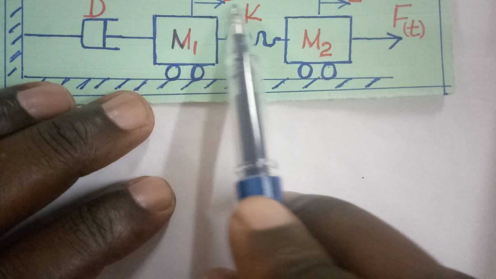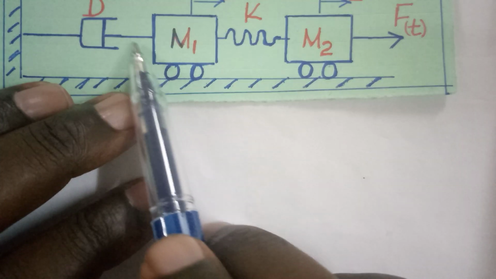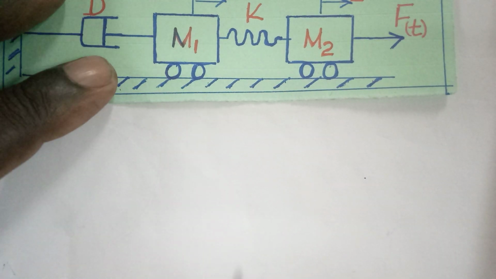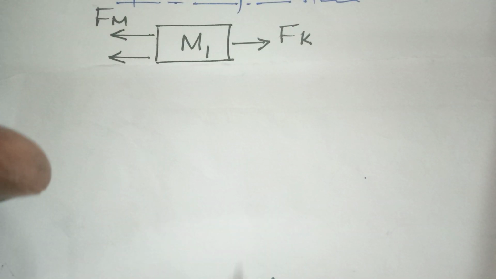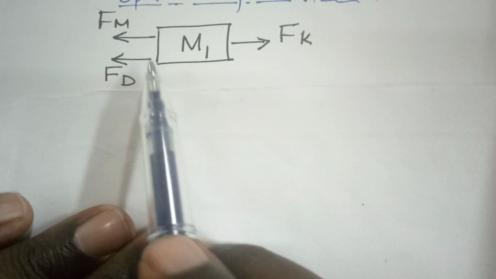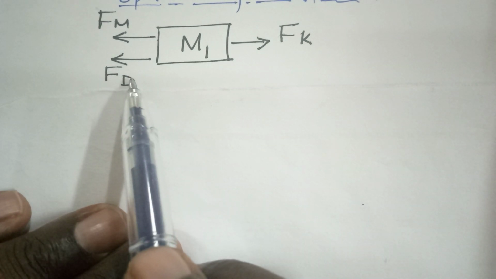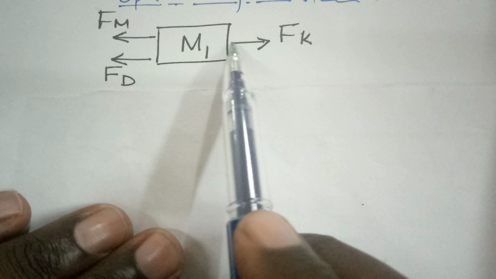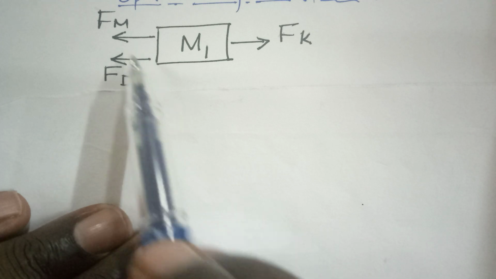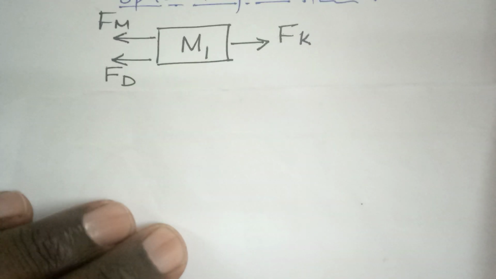This moves in this direction, so we shall have a force of inertia in the opposite direction. The forces will be like this. We shall have the damper force acting opposite of the applied force, and this other force is the force of inertia due to the mass of the system.